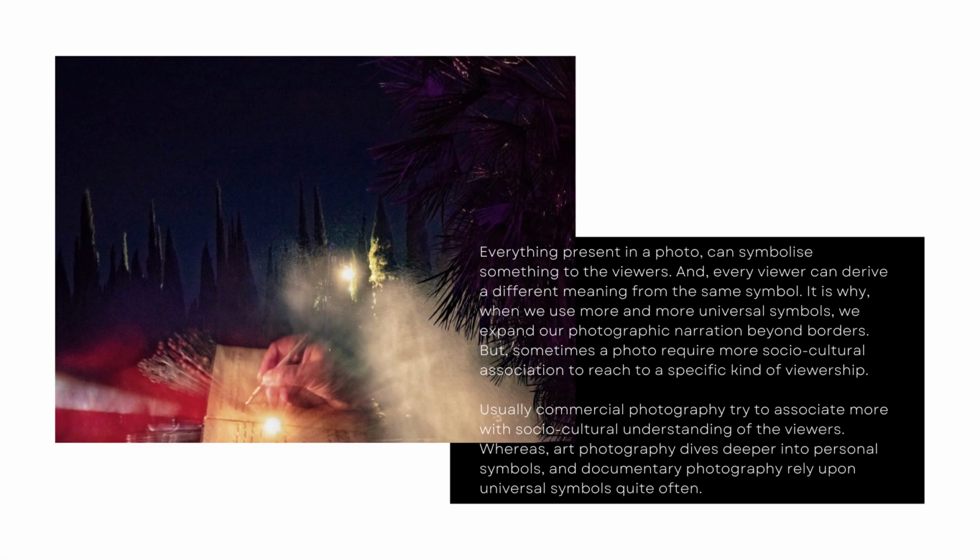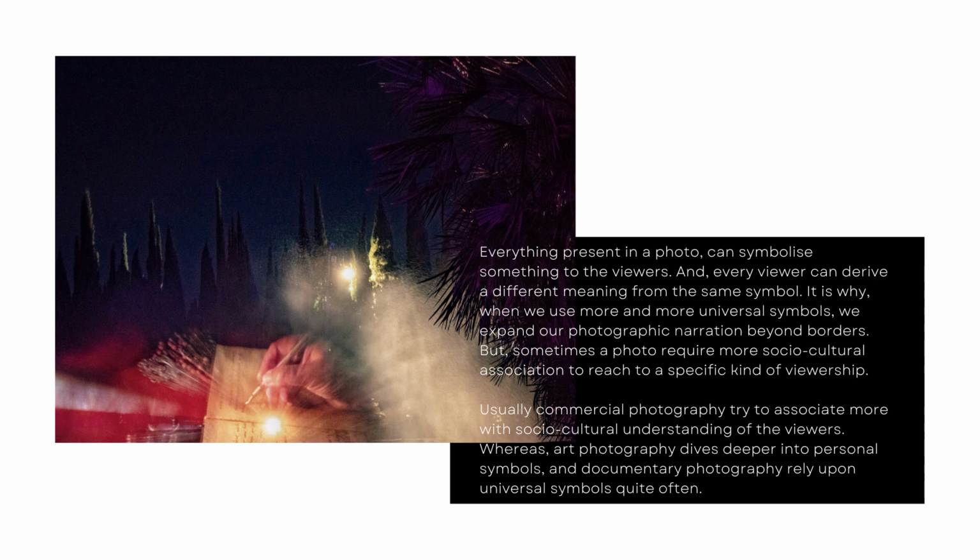And usually in commercial photography, we rely more upon the socio-political, socio-cultural symbology, because we have a specific market to approach. In art photography, we rely so much upon our personal symbology, because we are narrating something, we are telling something deeply personal in that field of photography.